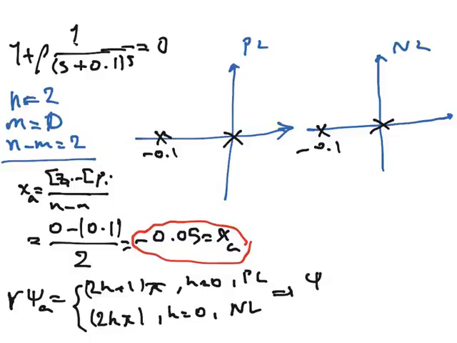Accordingly, the angle will be, by replacing h with 0, pi divided by 2 for positive locus because r is equal to 2, and 0 for the negative locus.